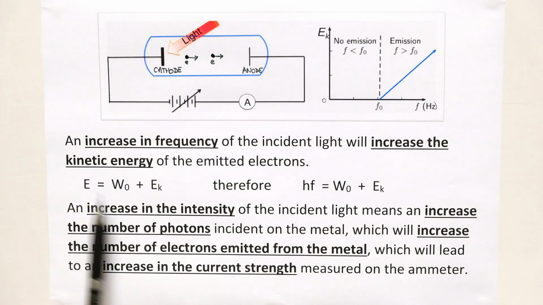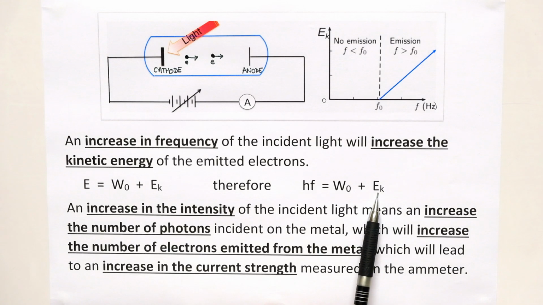If we change this equation to what it is on the right hand side, all I have done is replaced E with hf. The greater the frequency of your incident light, this h is constant for the metal, the greater the kinetic energy of the electrons moving away from the metal.